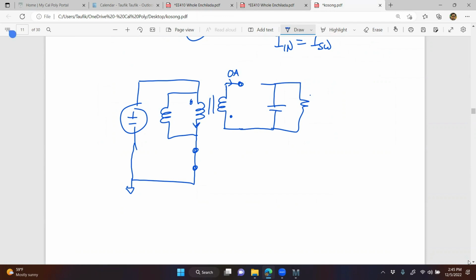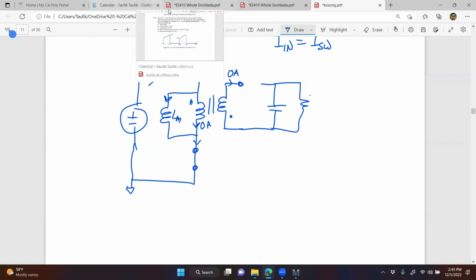So how much current do we have on the primary winding? 0 amps. So where's the current coming from? Only through LM, which is through the switch as well. It doesn't matter if LM is big or small. Current through the primary winding when the switch is closed is equal to 0, right?